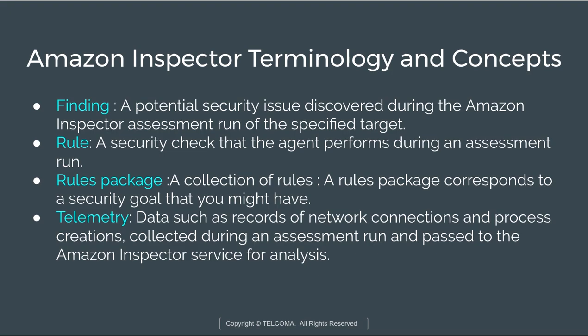A rule package is a collection of rules corresponding to security goals. Telemetry is data such as records of data, network connections, and process creations which are collected during the assessment run. It is then passed to the Amazon Inspector service so that it can analyze it.